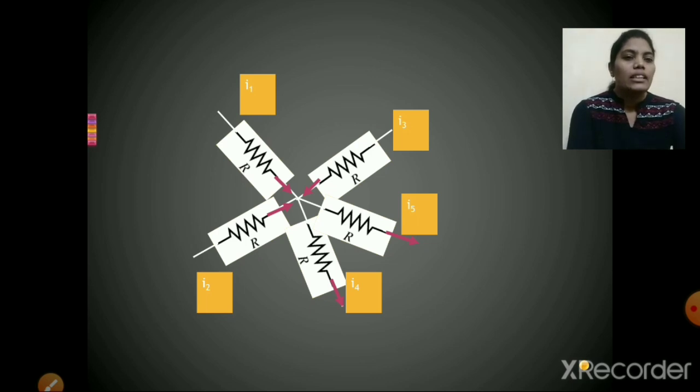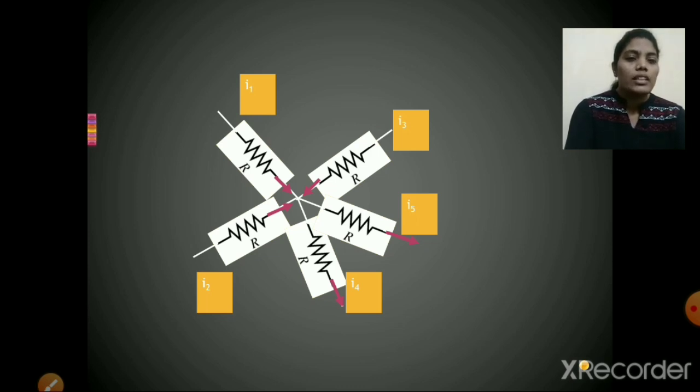In electrical networks also we can see a junction, which is simply a point at which many currents meet. So the point at which many currents meet in an electric circuit is a junction. According to Kirchhoff's first law, the algebraic sum of currents meeting at a junction is equal to 0.